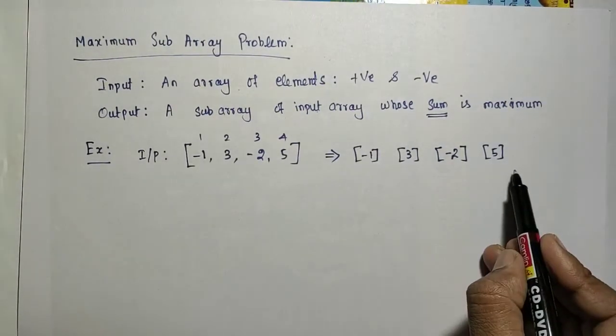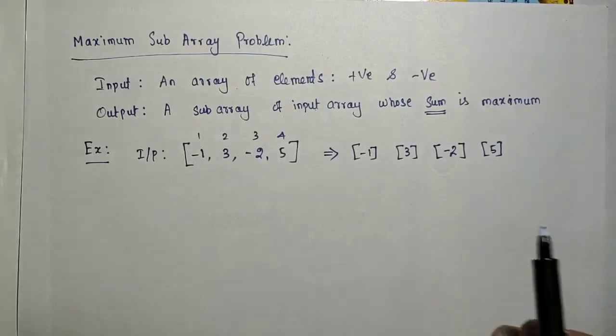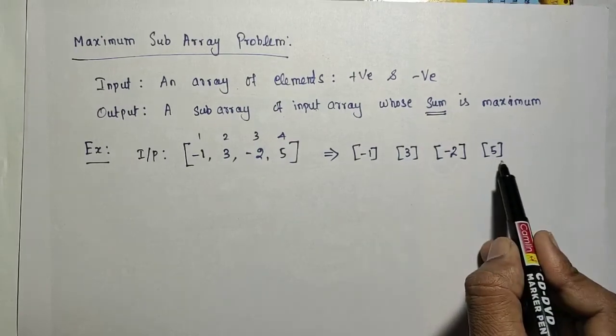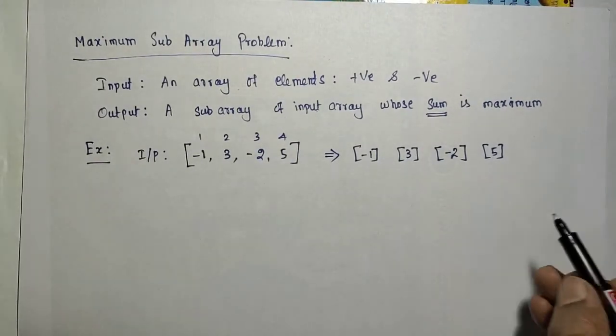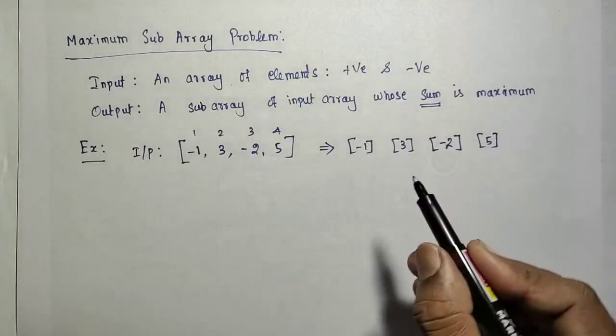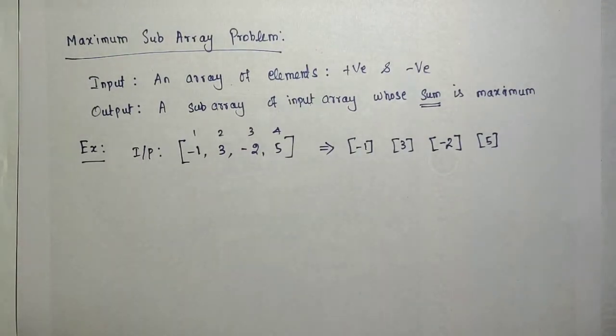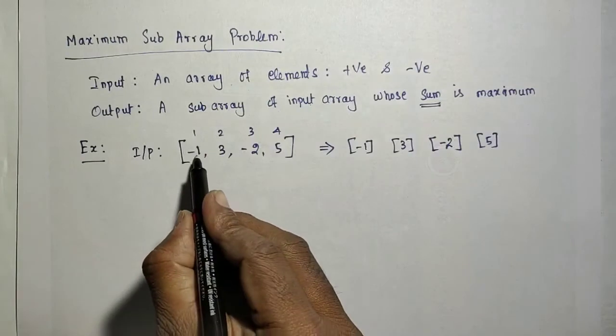So first you find the subarrays with length equal to 1. Individual elements are considered length 1. Then the subarrays with length 2. We cannot say -1, -2.